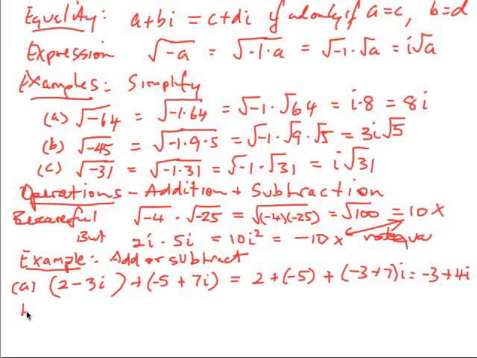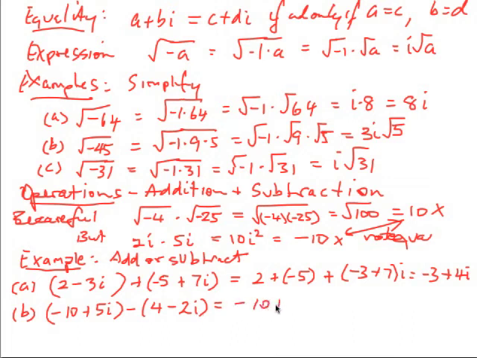Okay. Now with subtraction, the key is to change it to an addition. So let's suppose that we have negative 10 plus 5i, and we want to subtract 4 minus 2i. I always change it to an addition by simply distributing the negative sign into here.